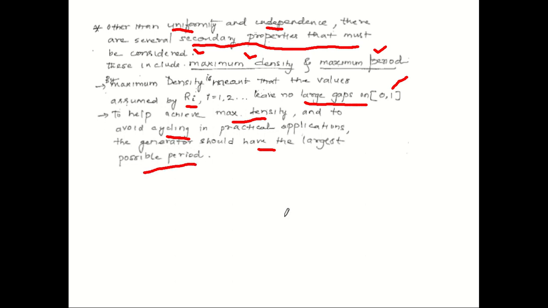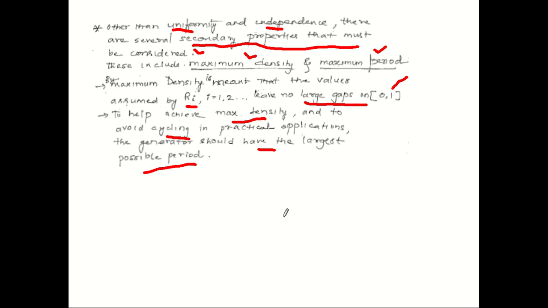Largest possible period means that in every random number generation scheme, after generating some sequence of random numbers, the same numbers start repeating. The length until which numbers are not repeated is called the period or cycle length.